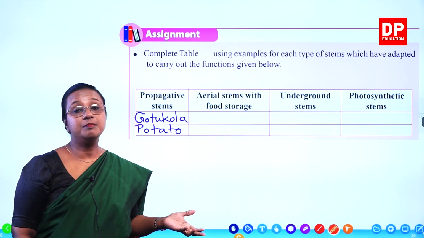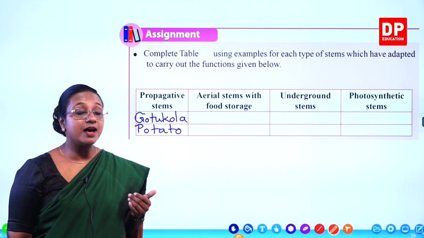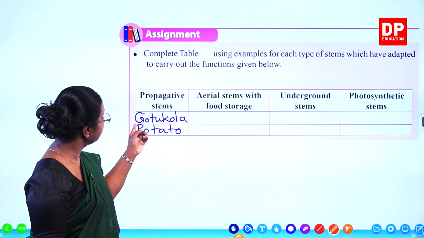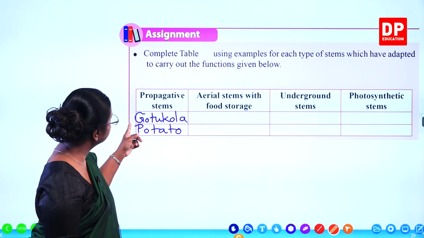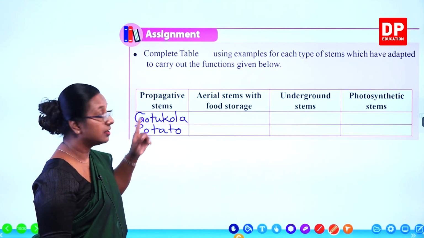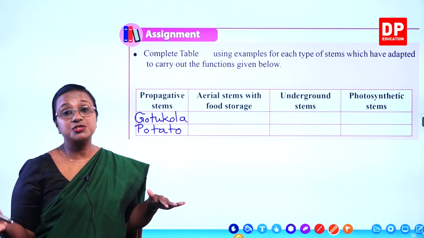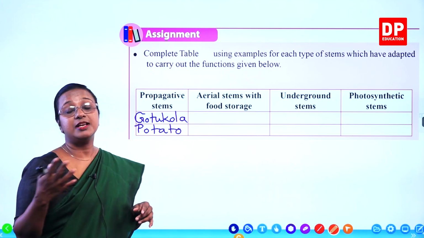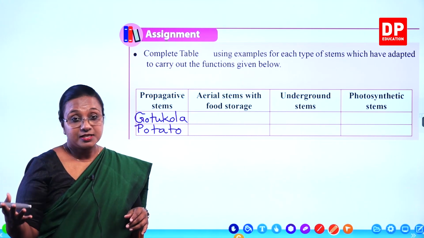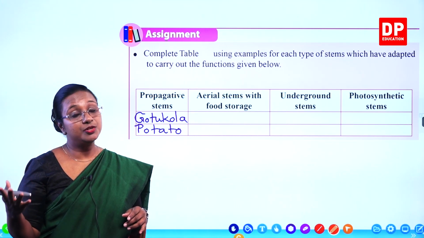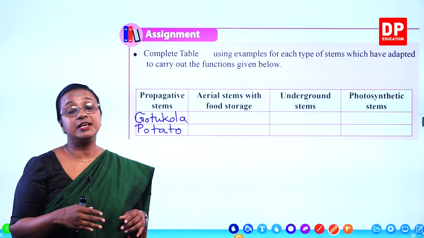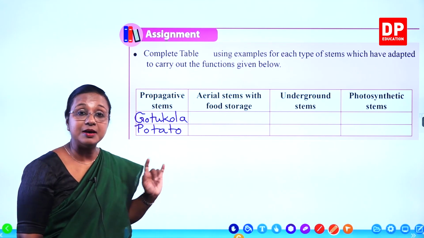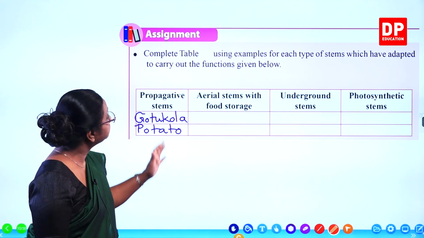You can write many more examples. What are the other examples? You can remember, like gotukola, we have the different types that have runners or stolons. Then like potato, there is ginger, there is turmeric. All those are examples of underground stems. So all those can be written here under propagative stems.